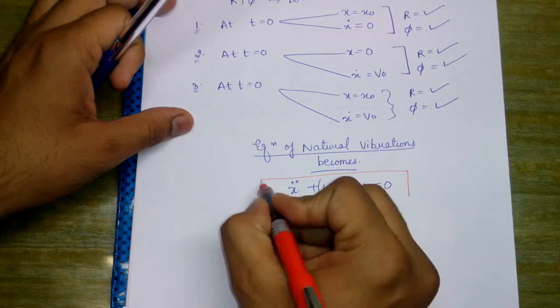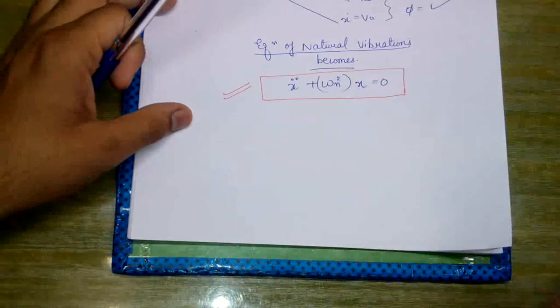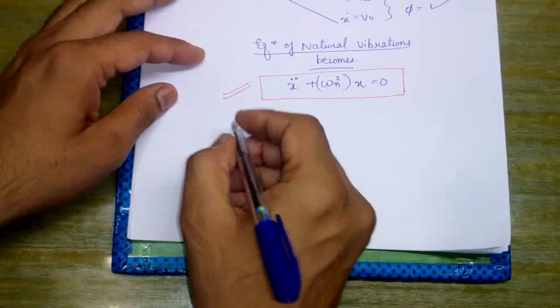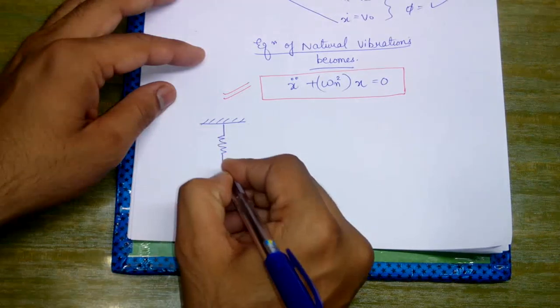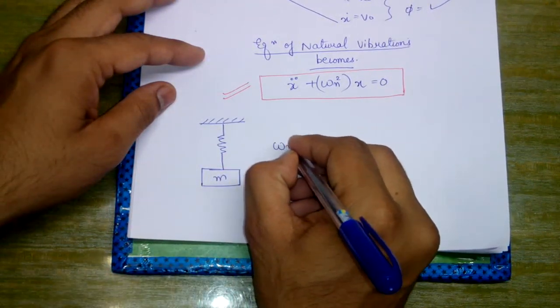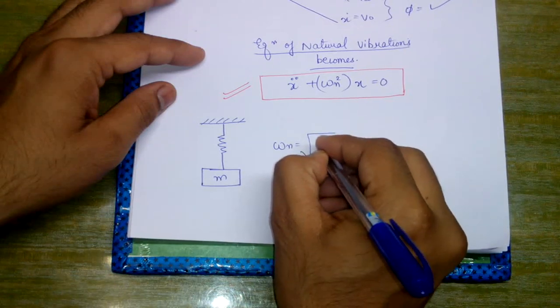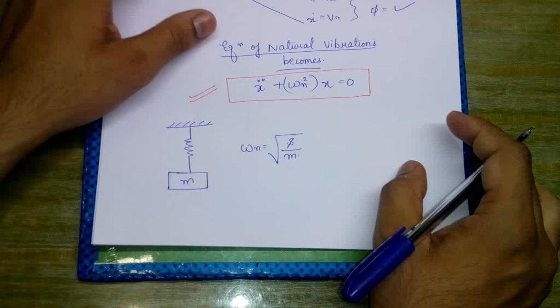This is actually the final equation of natural vibrations. Okay, now for example, we have been given a system like this. A spring is attached to a mass m. So what would be the natural frequency of vibration? It would be under root s by m.